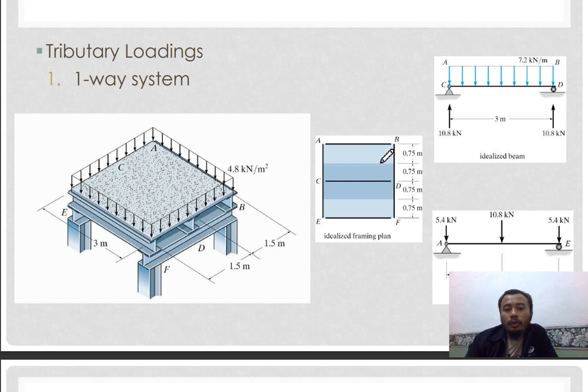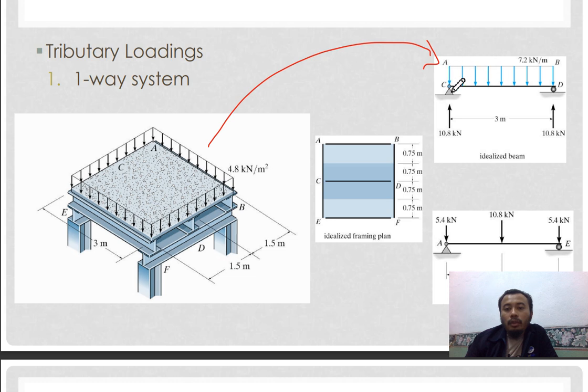So the loading, basically, you can idealize it to be distributed into two beams. As in this case, the slab is being idealized into a beam.